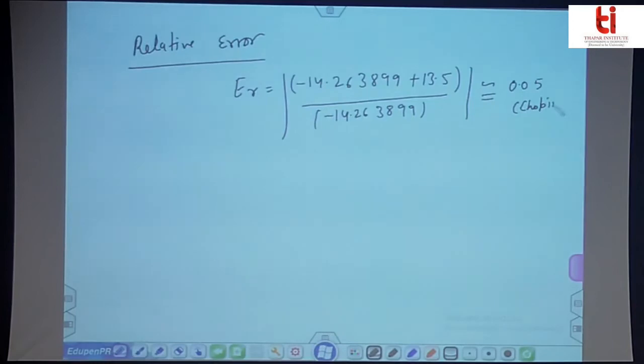When we are using rounding, the relative error comes out to be nearly 0.06.